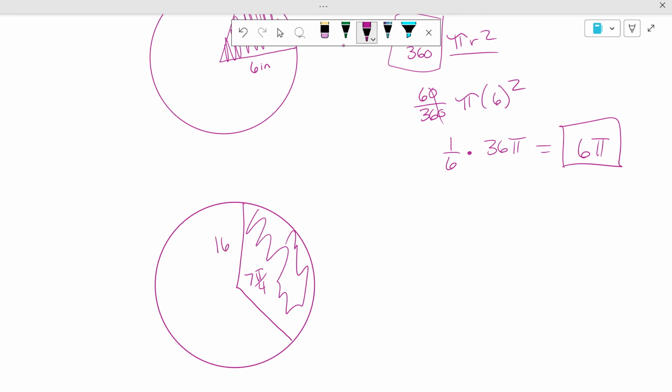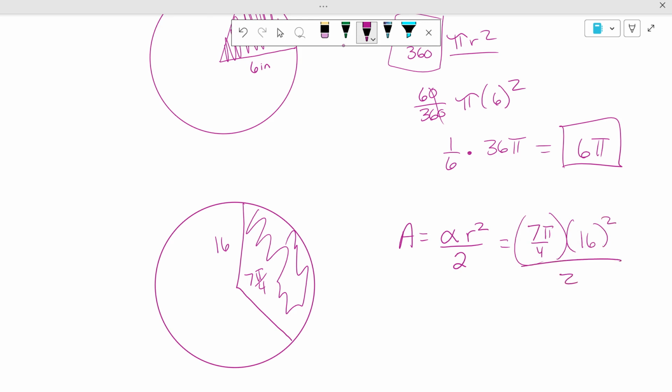So when you're dealing with sector area and trig, area, when you're in radians, is our central angle times the radius squared, all divided by 2.